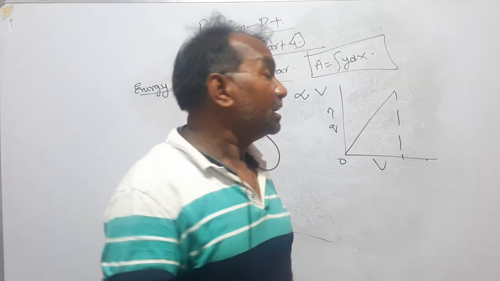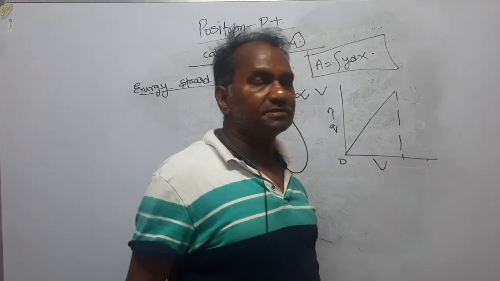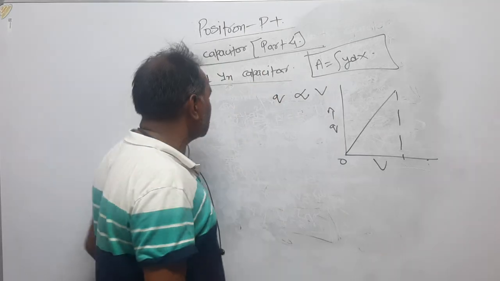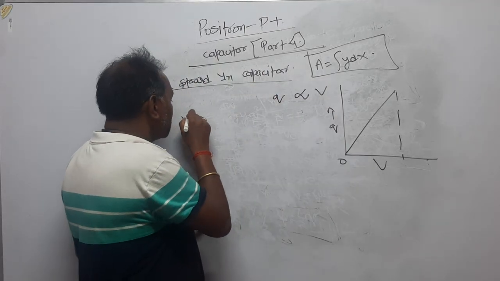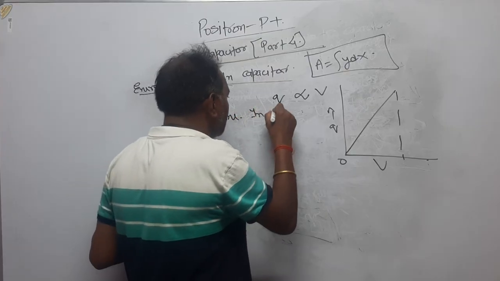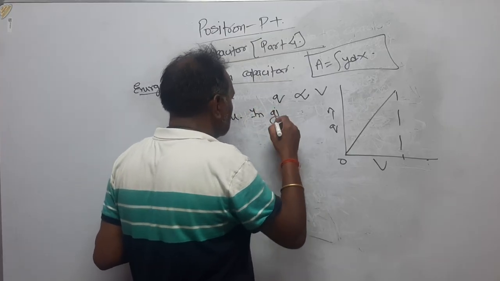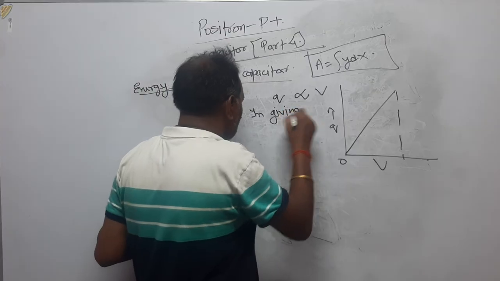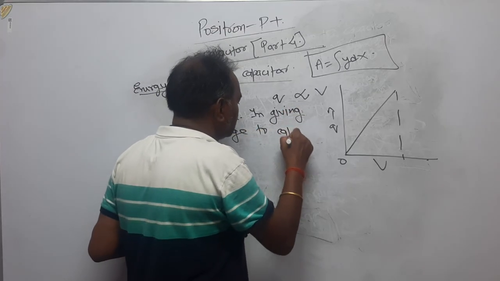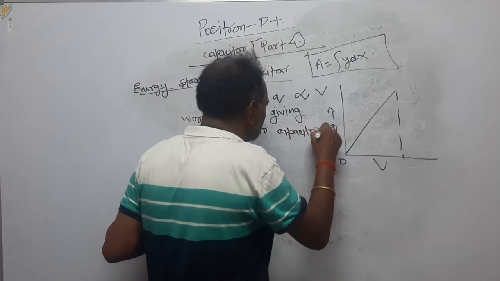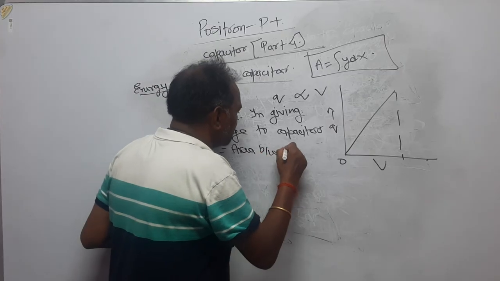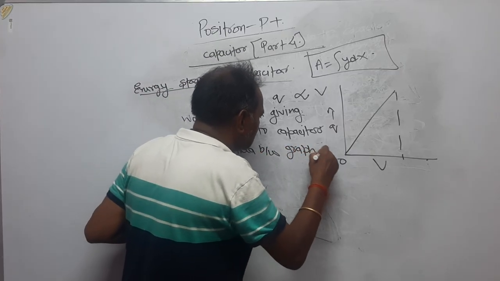The area covered between the graph and the x-axis will give you the work done. Or you can say that the work done in giving charge to a capacitor is equal to the area between the graph and the x-axis.